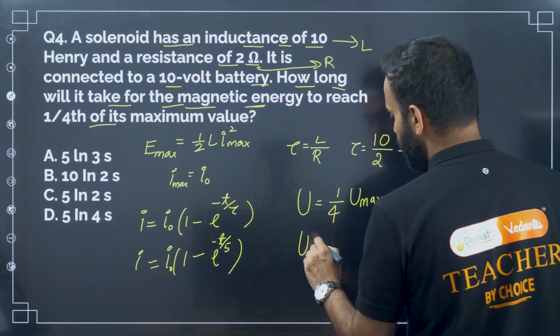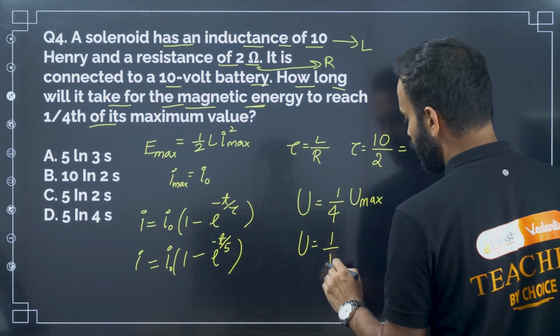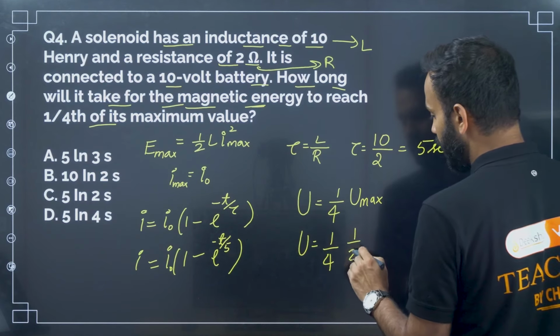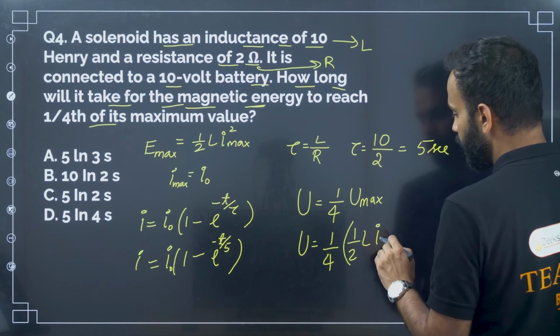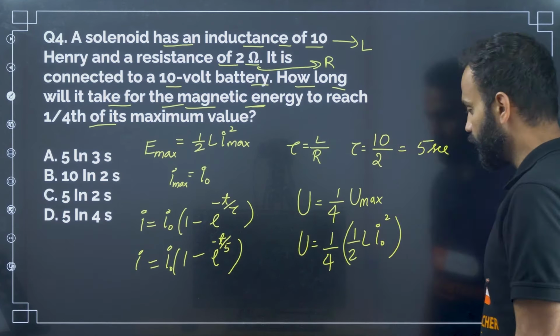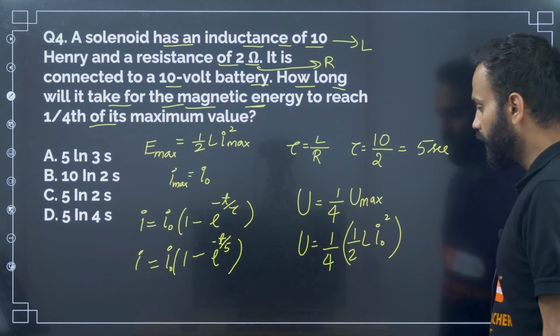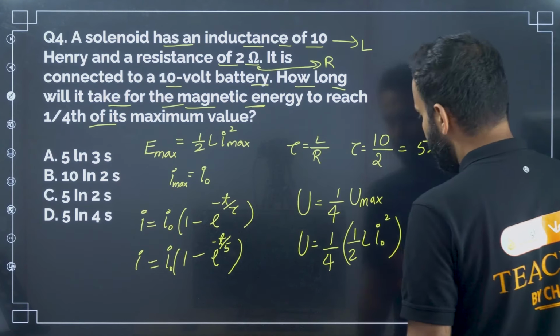Now U max is half into L into I naught squared.